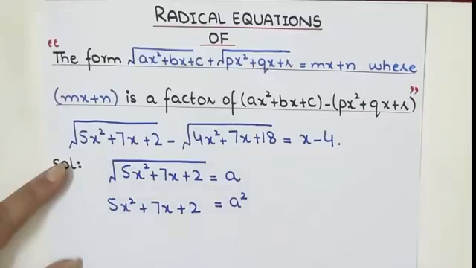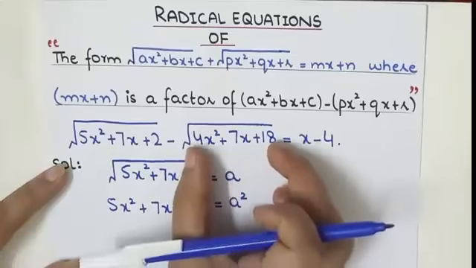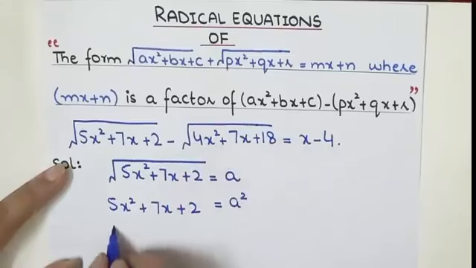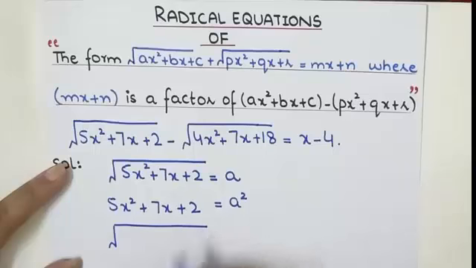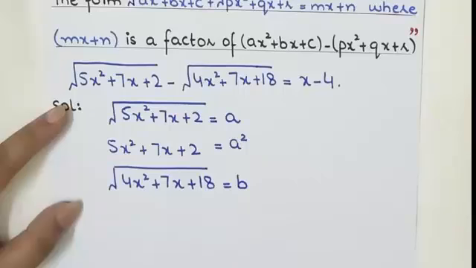Next we let the second term, the square root of 4x square plus 7x plus 18, equal to some variable b.